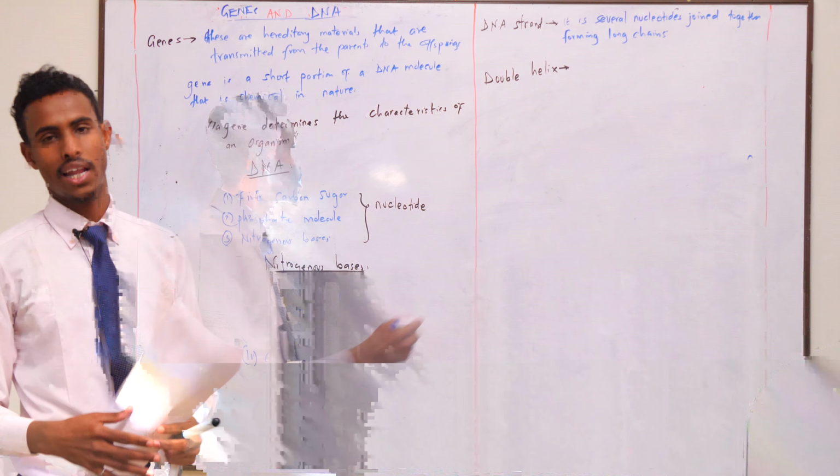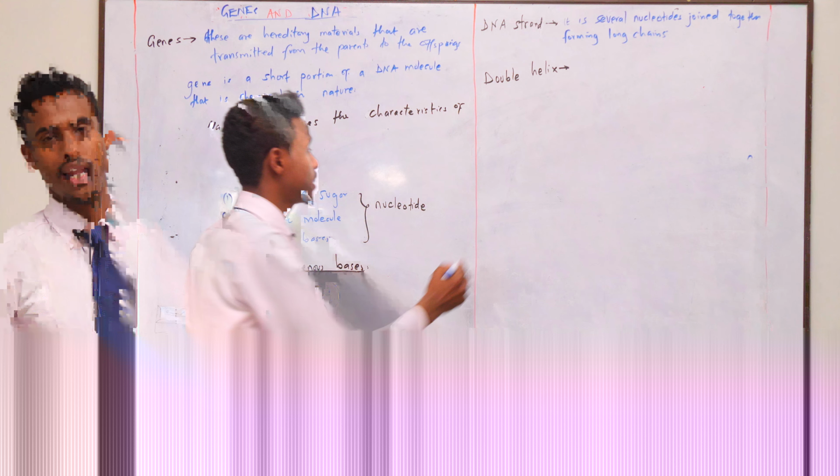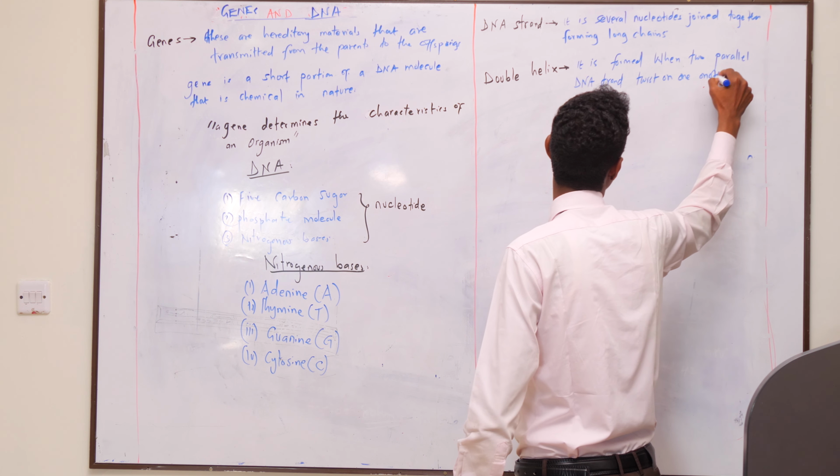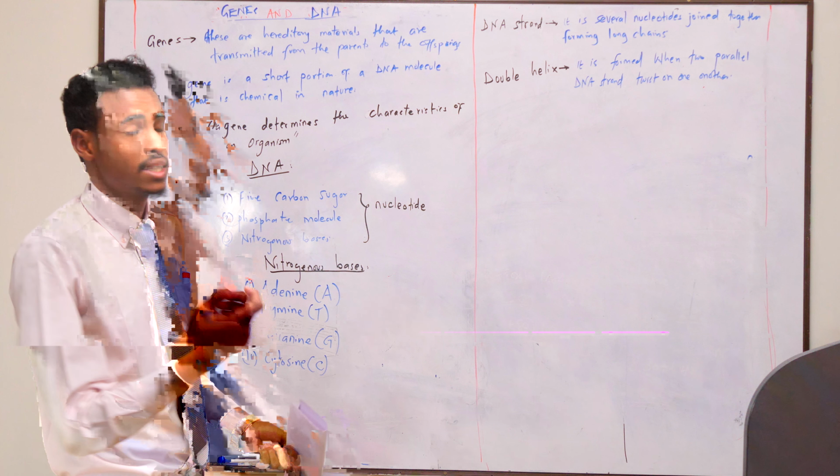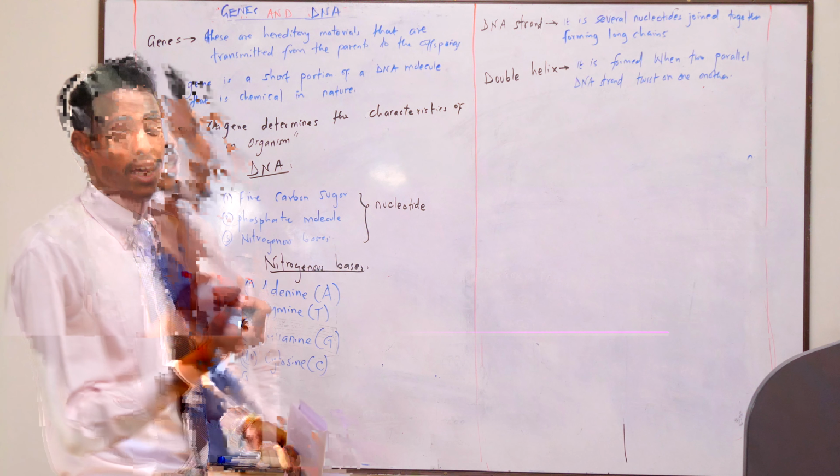DNA twist on the double helix, parallel to one another. Very good. Now a double helix, twist, strand joined together in a chain.